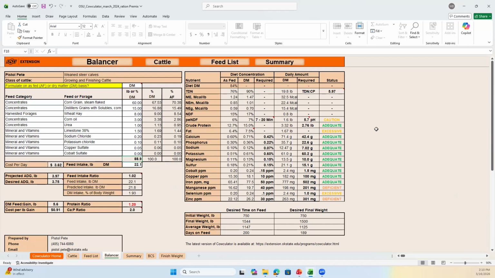Now I'm out of lines. Okay. I know my NEM is a little high. See what this does. 2.5 gets me to an NEM of 1.